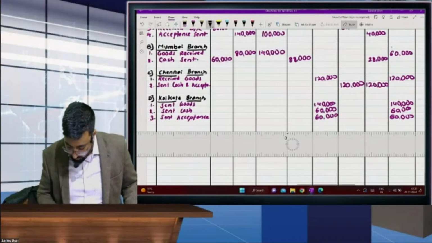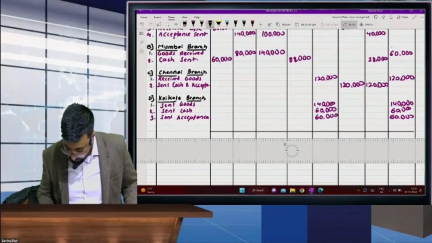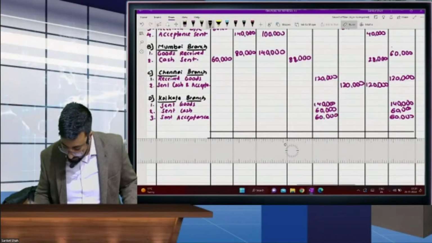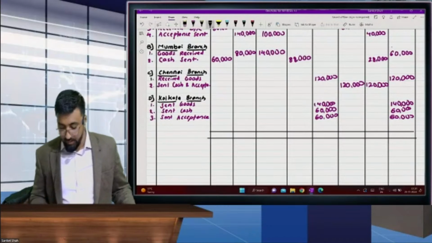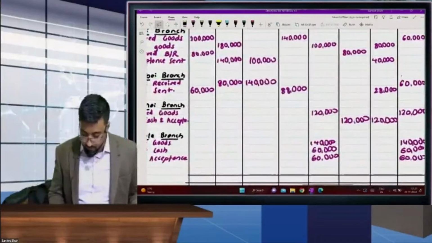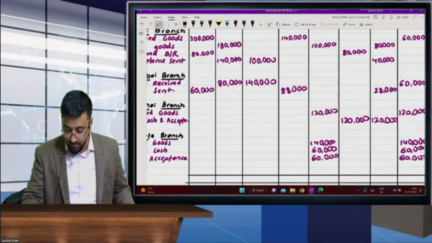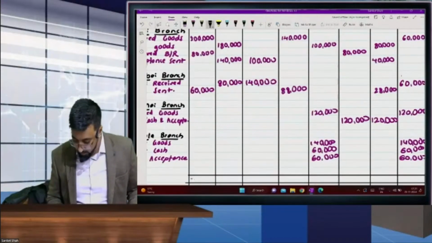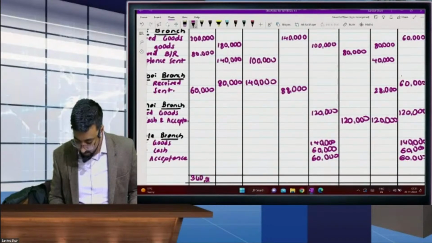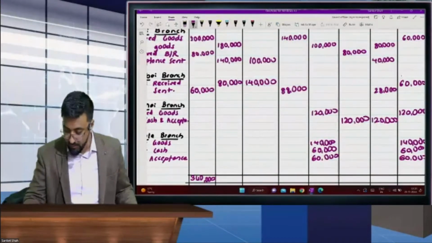Now take a total. Take a total, beta. Yes. Tell me the total. 2 lakhs plus 80 plus 60, 3,40,000. And here 180 plus 140 plus 80.